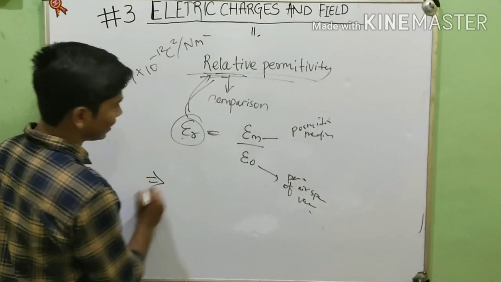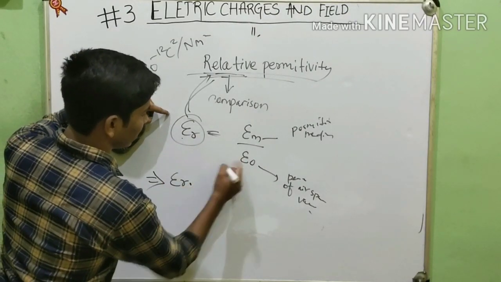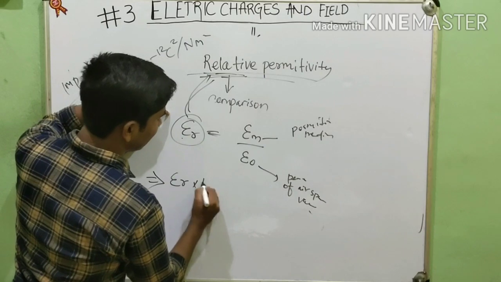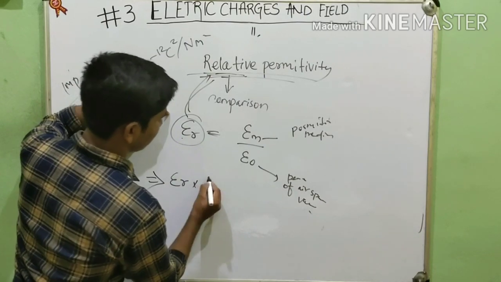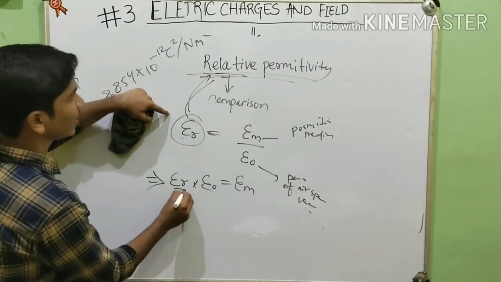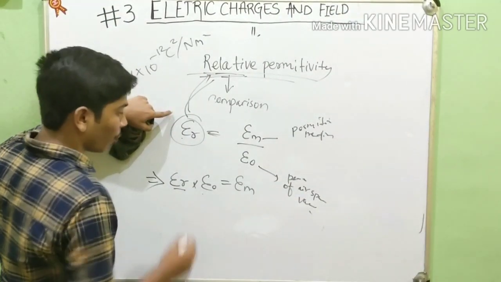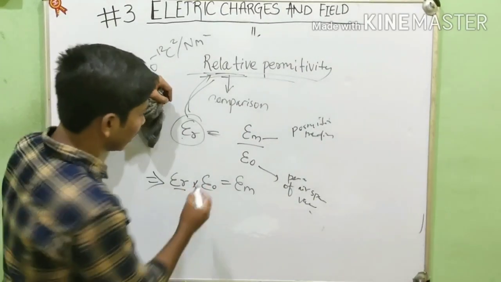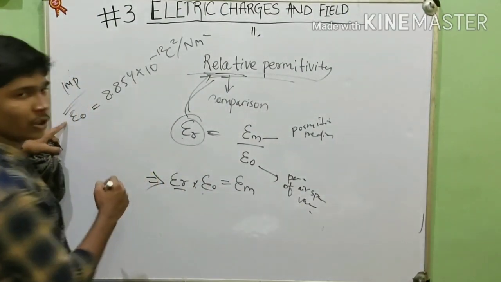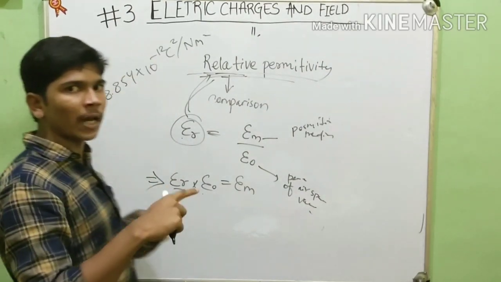You can write that if we multiply ER into E naught, it is equal to EM. ER is the relative permittivity. E naught is the permittivity of air, whose value is 8.854 into 10 to the power minus 12 coulomb square per Newton meter square.